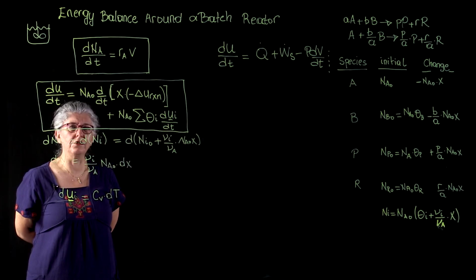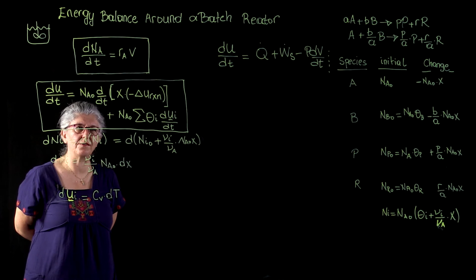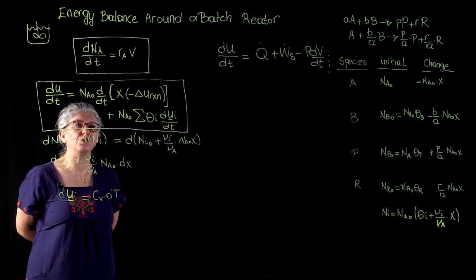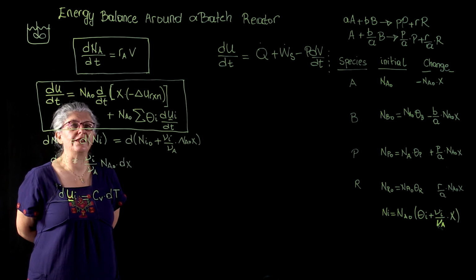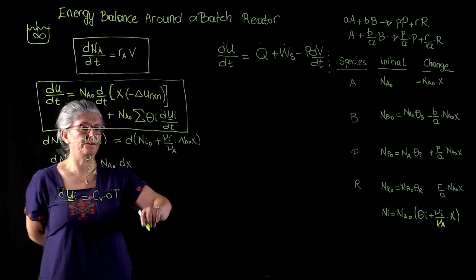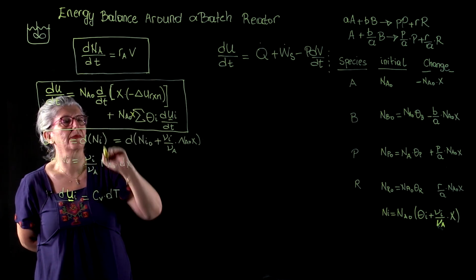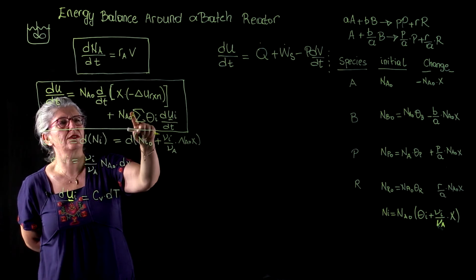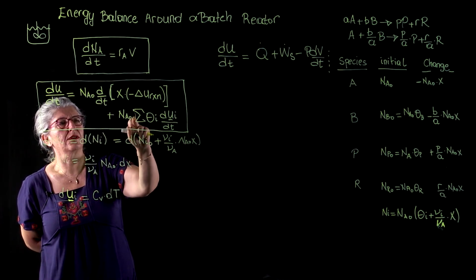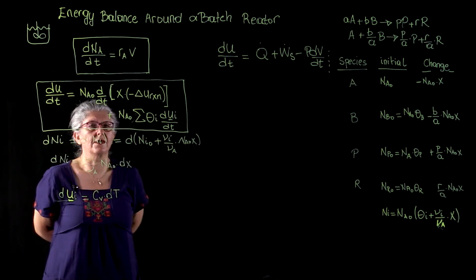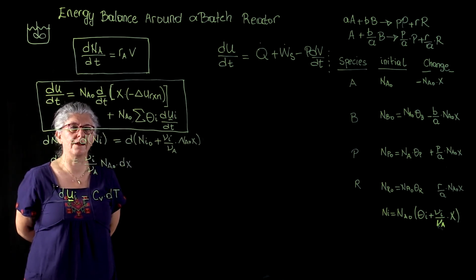Now we continue with a more cleaned up space. We have du over dt expressed in terms of the delta U of reaction, the stoichiometric ratios of the feeds, and no, there's no x here, sorry. There is no x here. And then A0. All right.